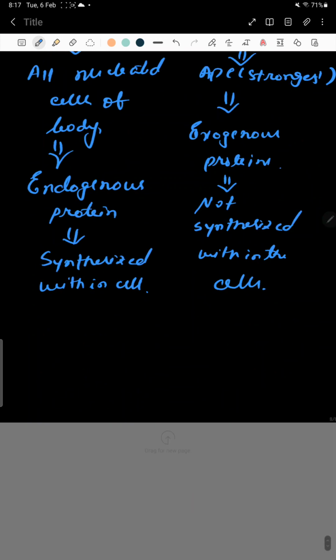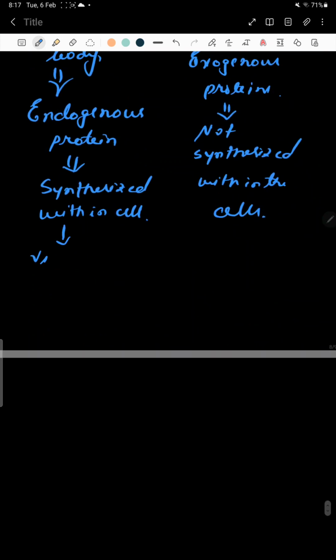Now different types of intracellular pathogens include viruses and tumors. Here mostly the bacteria; extracellular pathogens means bacteria.